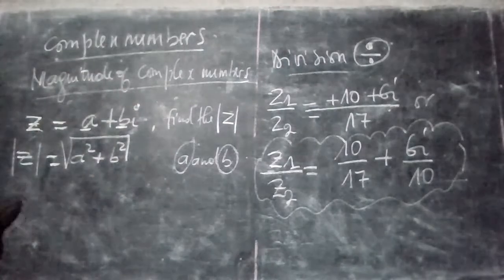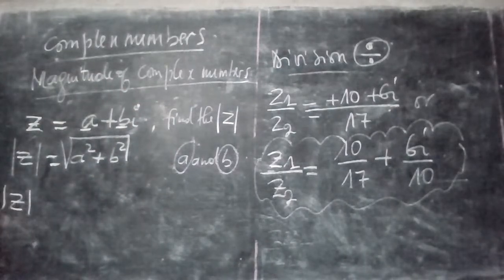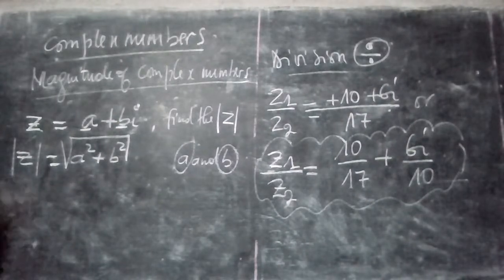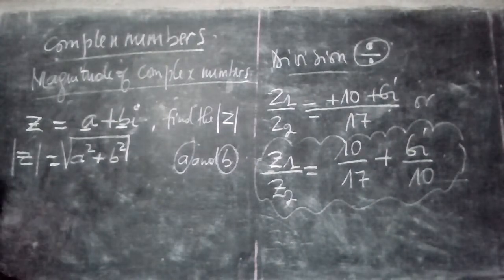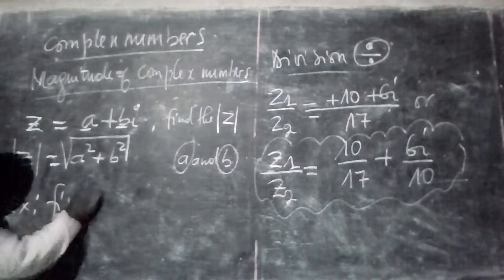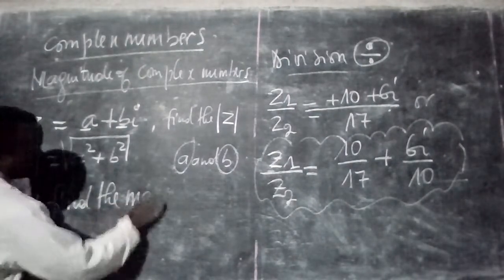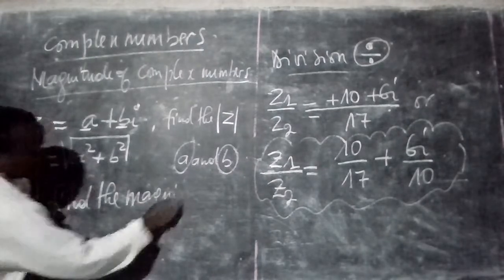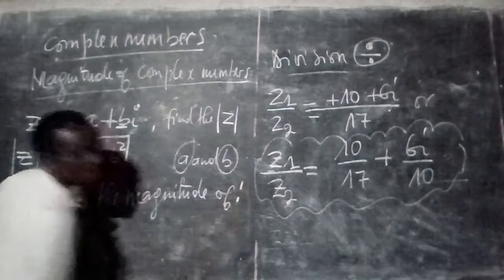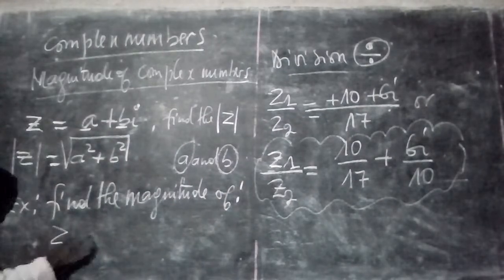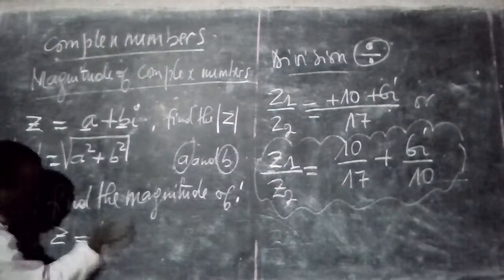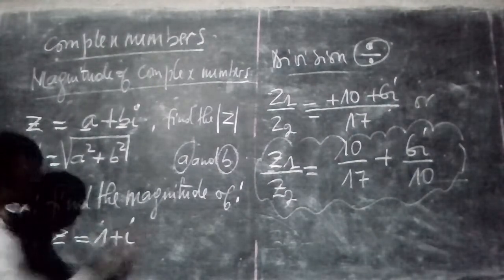Now let's go. For a complex number, its magnitude will be this one. Now let us take an example. Find the magnitude of z, which is equal to 1 plus i.